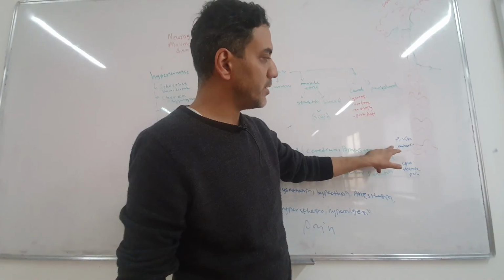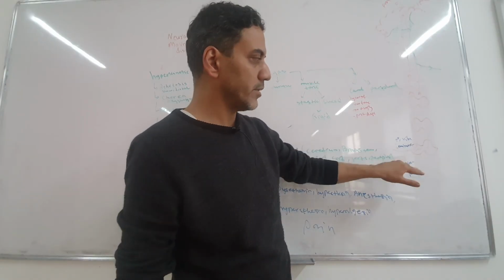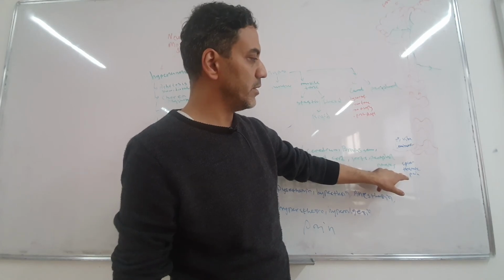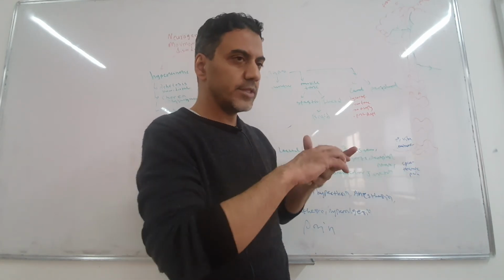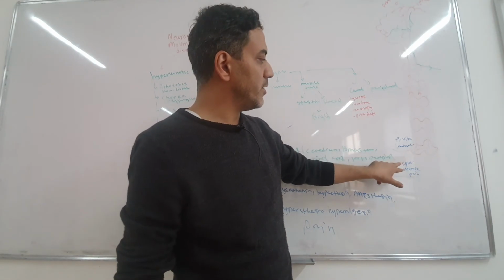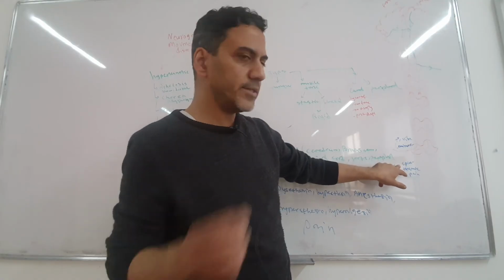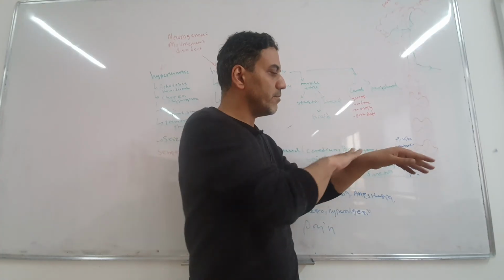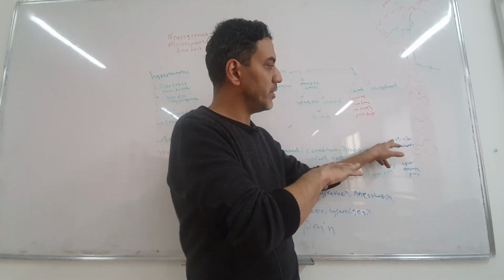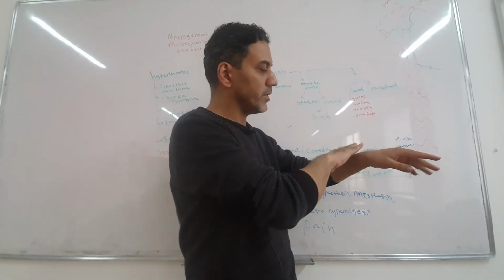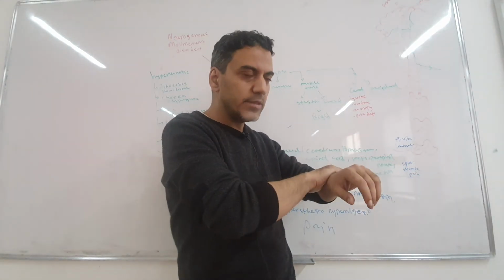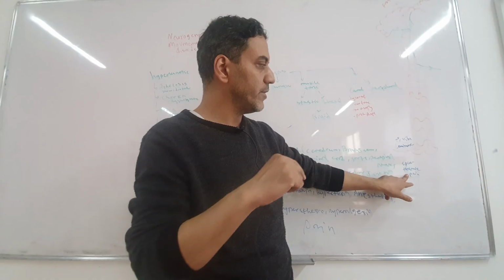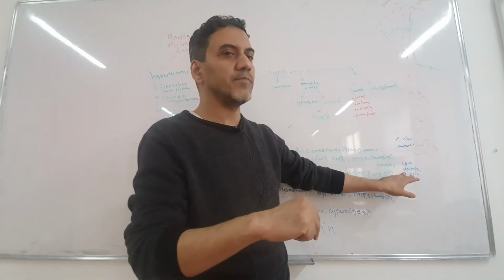that the lemniscal pathway dominates the spinothalamic pathway. What does it mean? It means that if we have pain sensation and we, for example, apply vibration or decrease temperature, put some ice, we can remove or decrease pain.